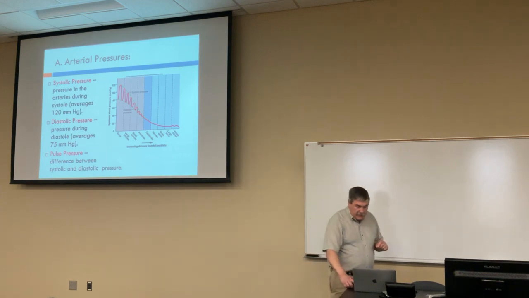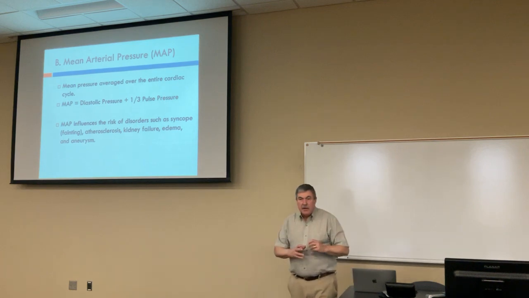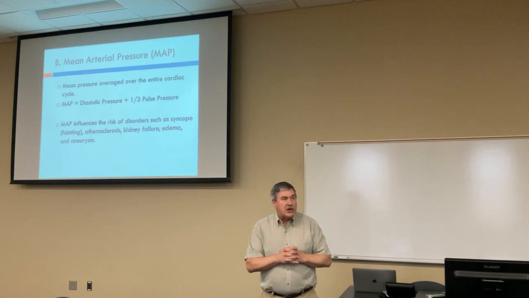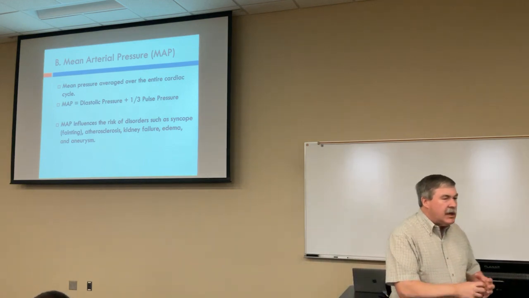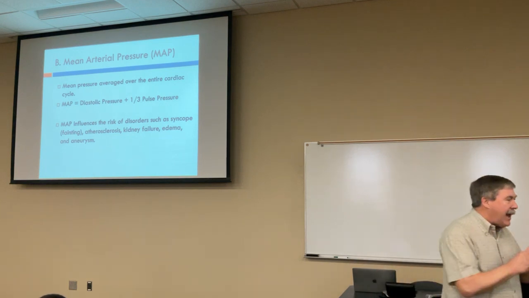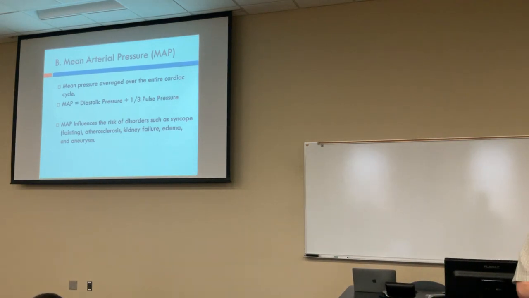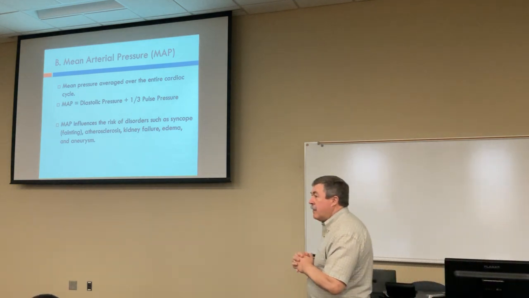Okay? So, as it turns out, the mean arterial pressure is actually closer to the diastolic pressure than the systolic pressure. So it's not halfway between the systolic and diastolic pressure. It's about 1/3 of the way from the diastolic pressure.